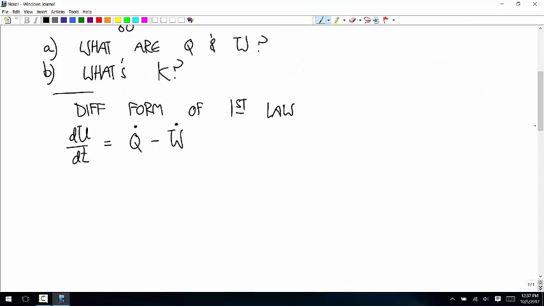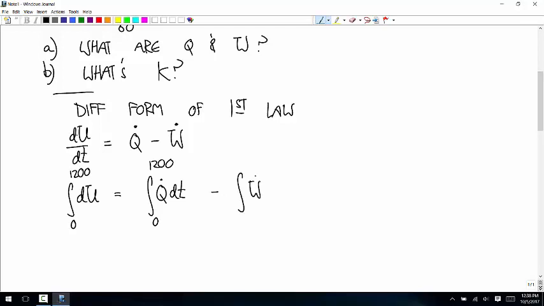And so if we integrate this form, we get the integral of du from 0 to 1200 is equal to the integral of Q dot with respect to time from 0 to 1200 minus the integral of W dot from 0 to 1200 with respect to time.